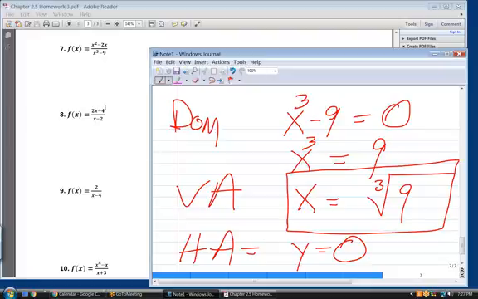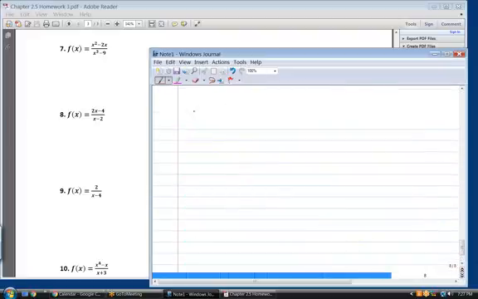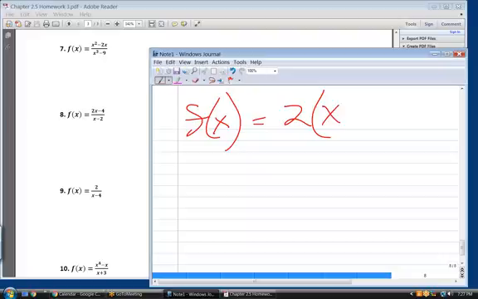I noticed something on 8 that I didn't notice before. 8 factors. Ooh, almost did 8 wrong. I can factor a 2 out from the top. It's going to be x minus 2. What does that change?